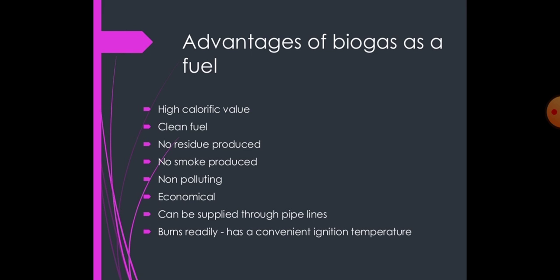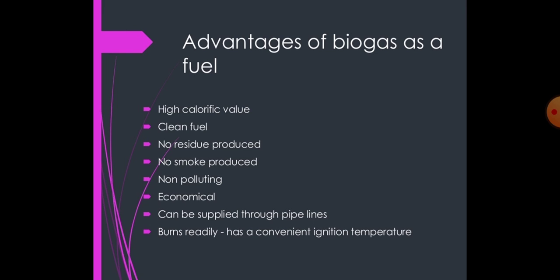The biogas produced here is clean fuel, and there is no residue. There is nothing left out. The slurry which is coming at the exit can be used as manure, so it is not a wastage. So there is no residue produced, and no smoke produced.